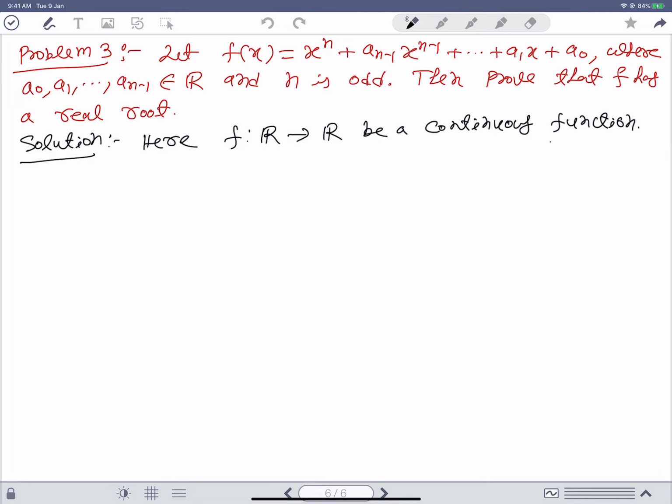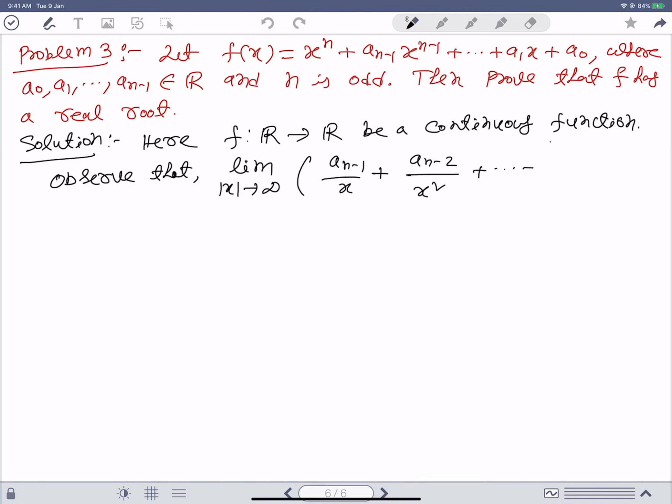Now observe that the limit as |x| tends to infinity, that means either x tends to infinity or x tends to minus infinity, of the term (a_{n-1} x^{n-1} + a_{n-2} x^{n-2} + ... + a_0) / x^n. Now you can see that this is equal to 0, right? This is trivial.